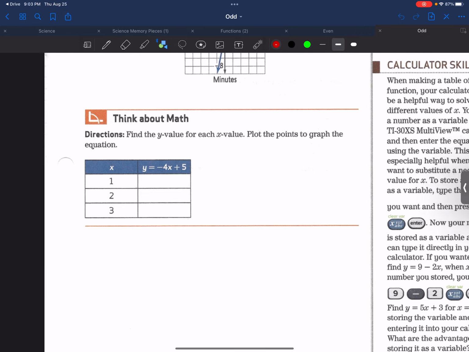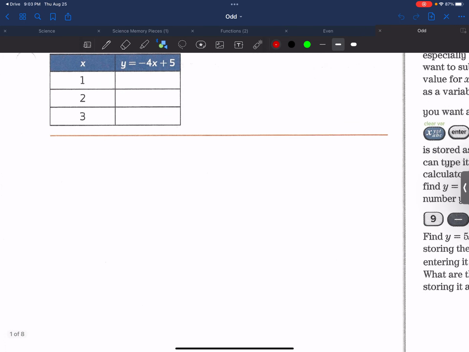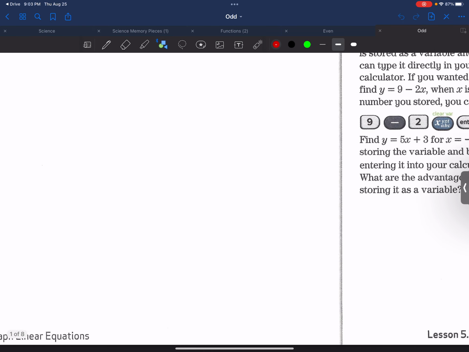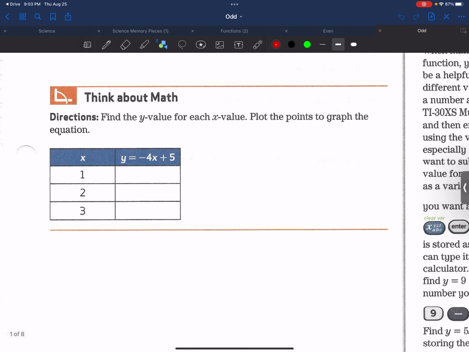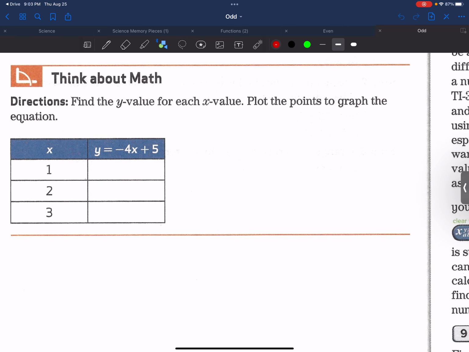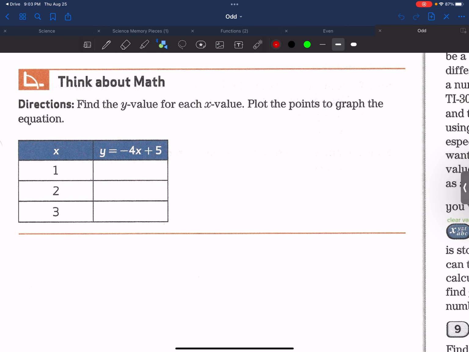I want to look at this example right here. So I'm on page 167, and we're looking at this middle example. It says to find the y value for each x value, plot the points to graph the equation. The first thing we have to do is look at this table, and we see the x's, and for y, instead of a y value, I see a formula that I have to work with.